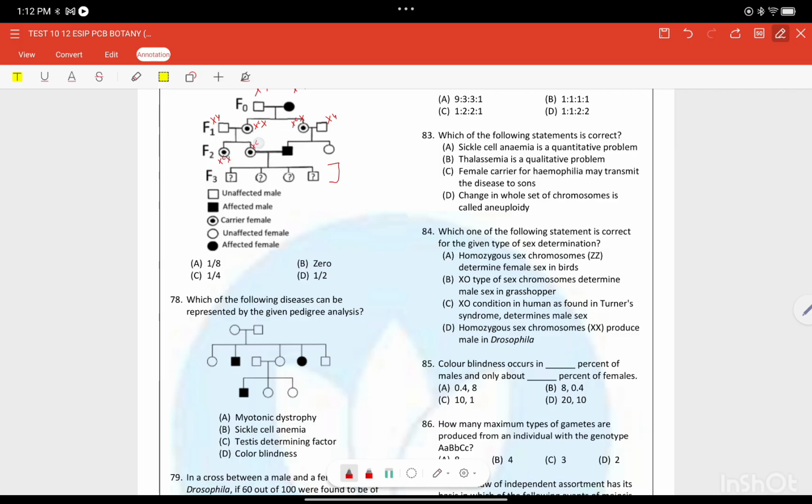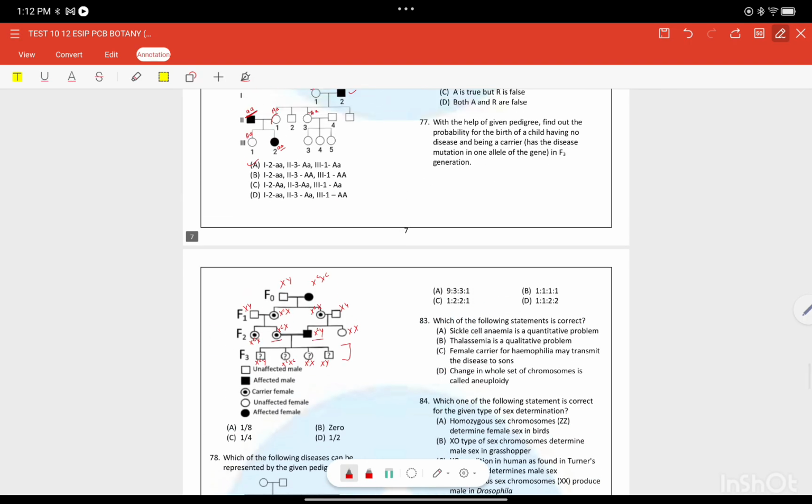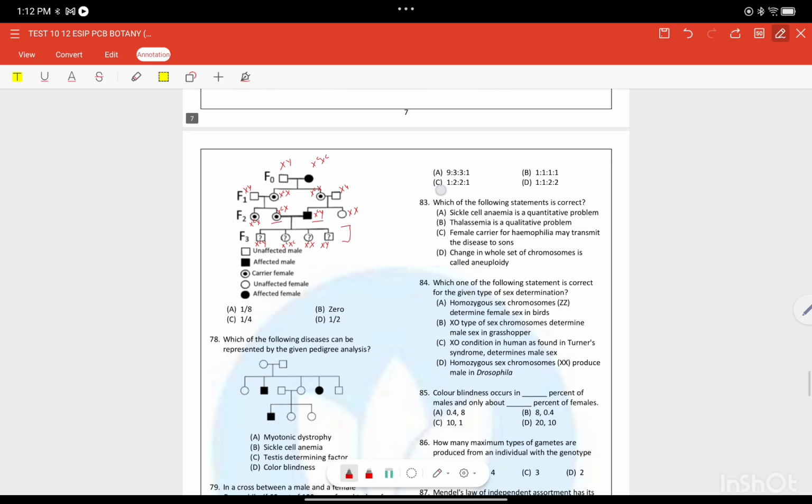XCX is crossed with XCY. The progeny will be XCY, XY, XCXC, and XCX. So we have to find no disease and being a carrier in the F3 generation. No disease and carrier is 1 by 4. Only one progeny out of 4.